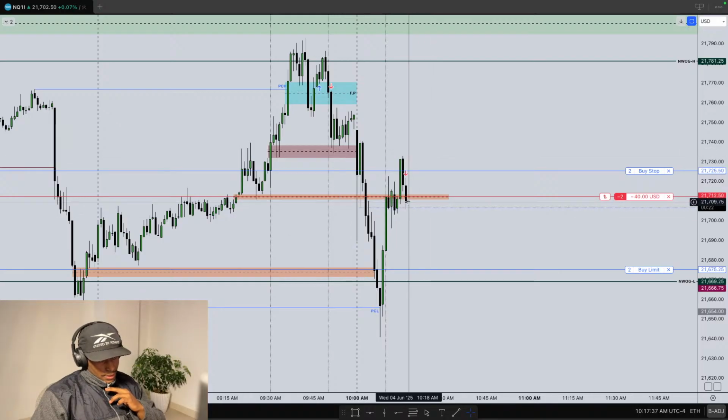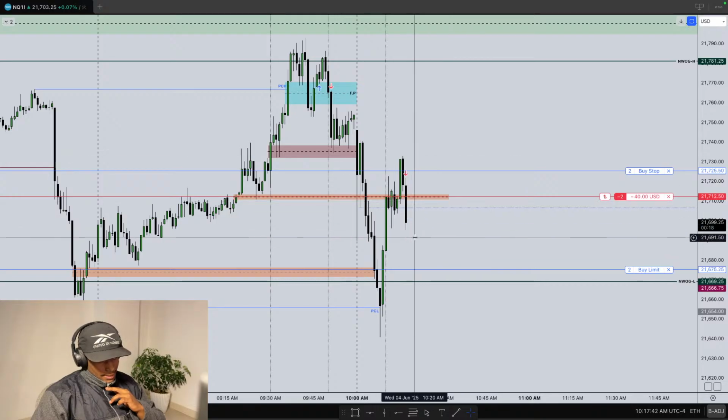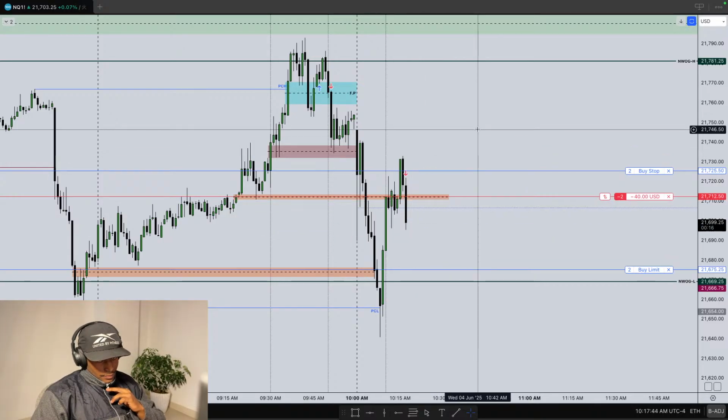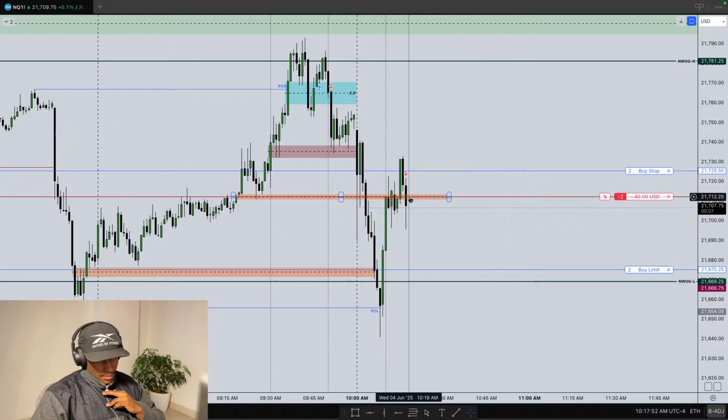Okay, now we'd want to start seeing some movement going lower, just like that. I don't know why my PNL is not changing right now. But I'm in a short right there.